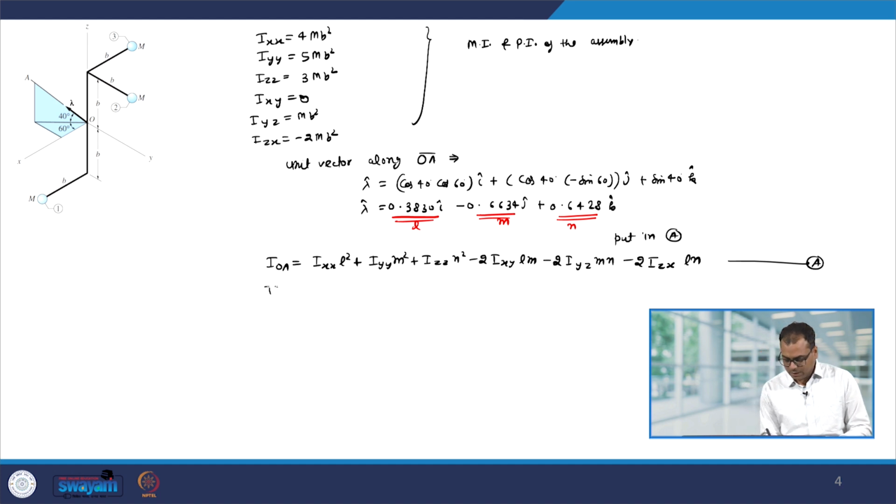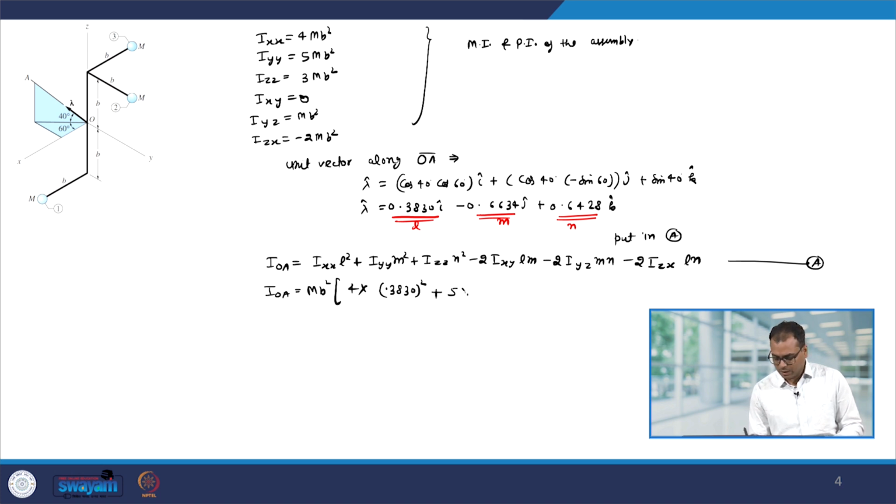So, we have I_OA equal to, now the value of I_xx is 4 m b square. Let me take m b square outside. So, we have 4 into L square, which is 0.3830 square, plus I_yy is 5 m b square, with m b square taken as a common factor.